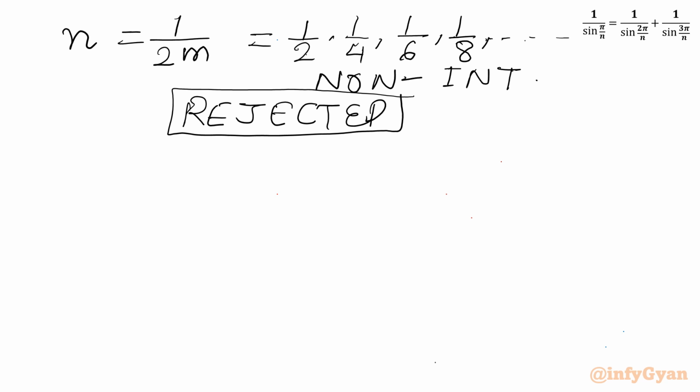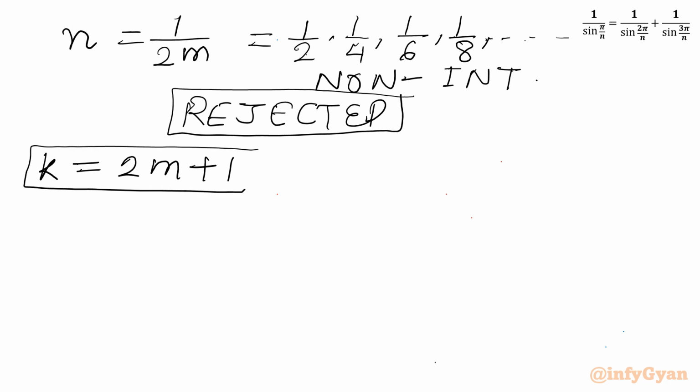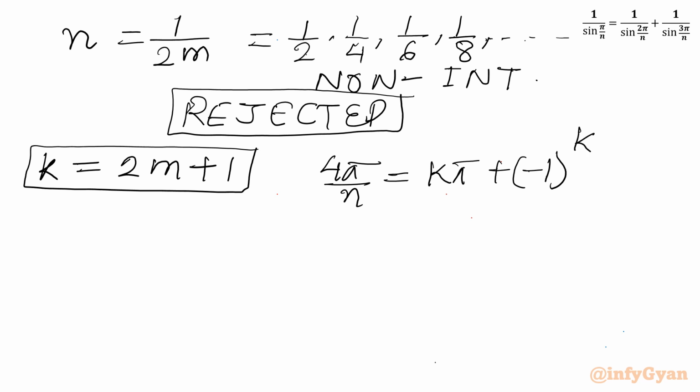Now I will consider the second case, k equal to odd, the 2m plus 1 consideration. Let's apply it to this equation: 4 pi over n equal to k pi plus minus 1 raised to the power k times 3 pi by n.